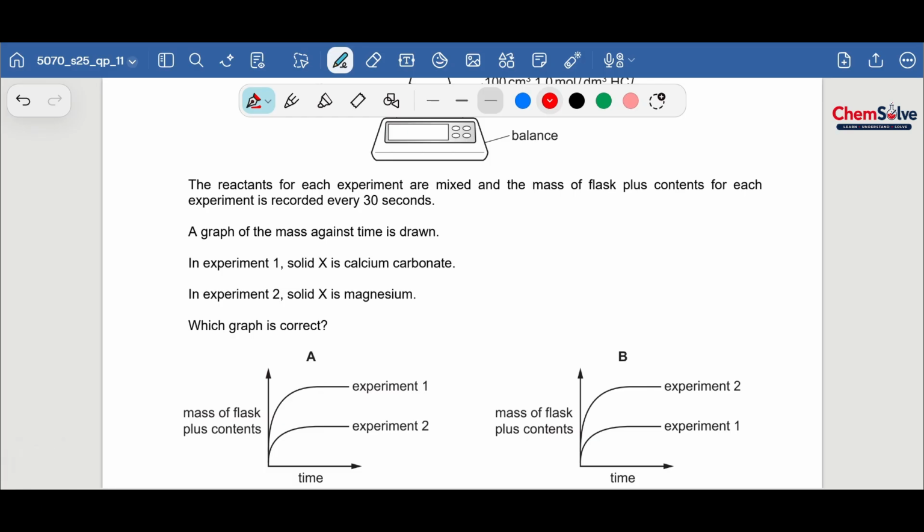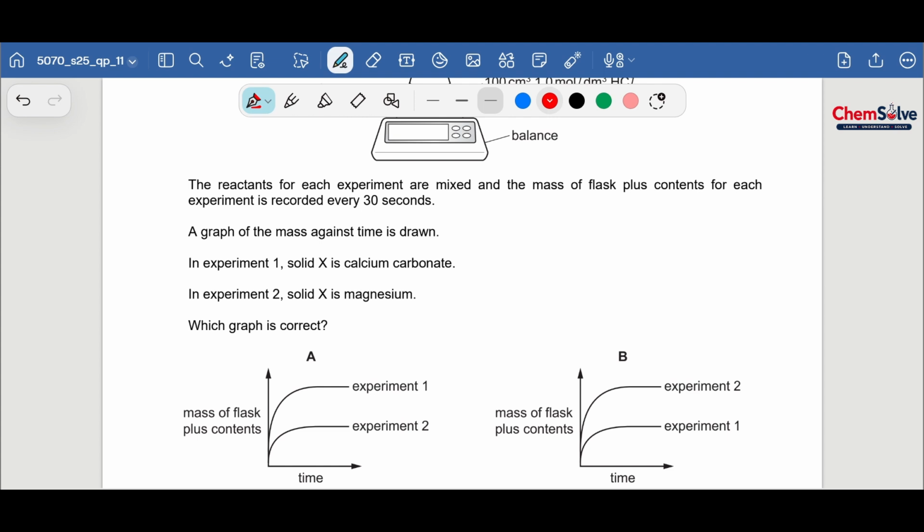In experiment number 1, the solid is calcium carbonate, and when it reacts with HCl, obviously it will produce carbon dioxide gas. And in experiment number 2, the solid is magnesium, and when it reacts with hydrochloric acid, it will produce hydrogen gas. Let's write down our equation first.